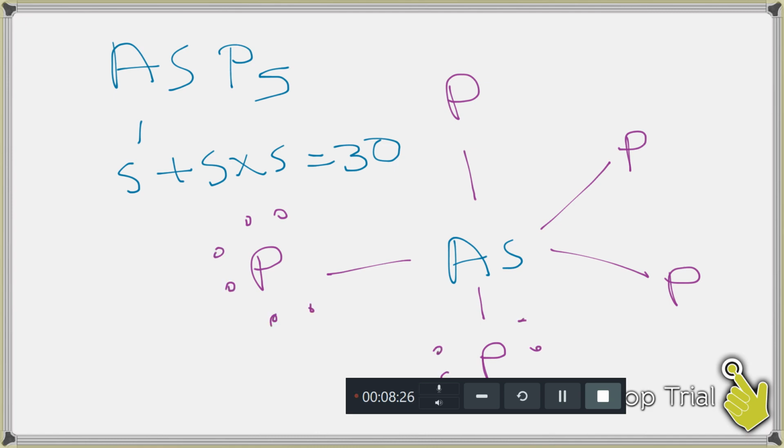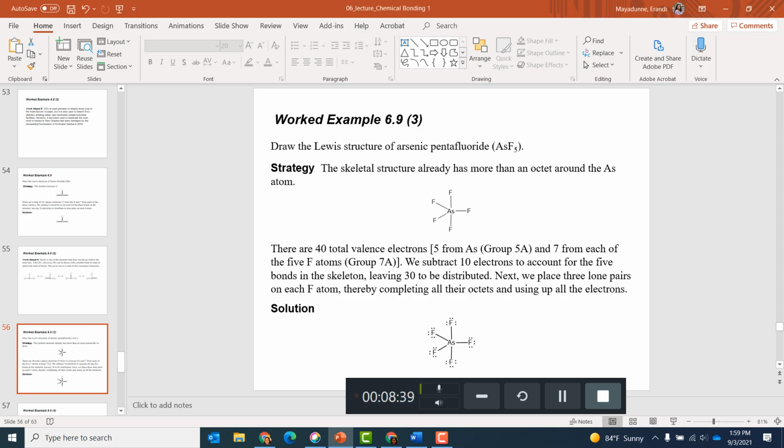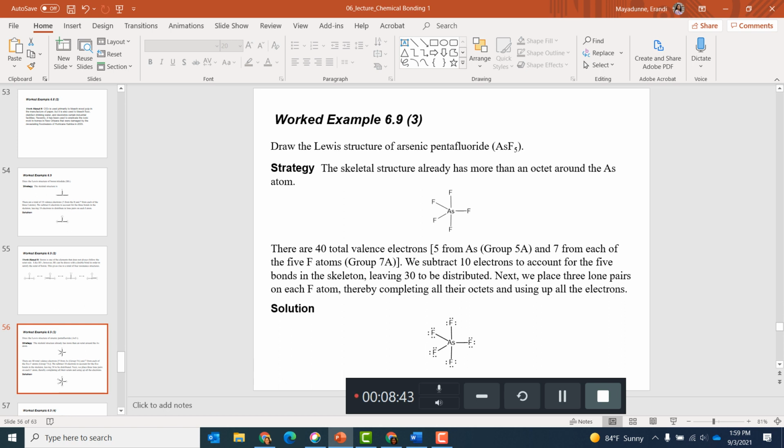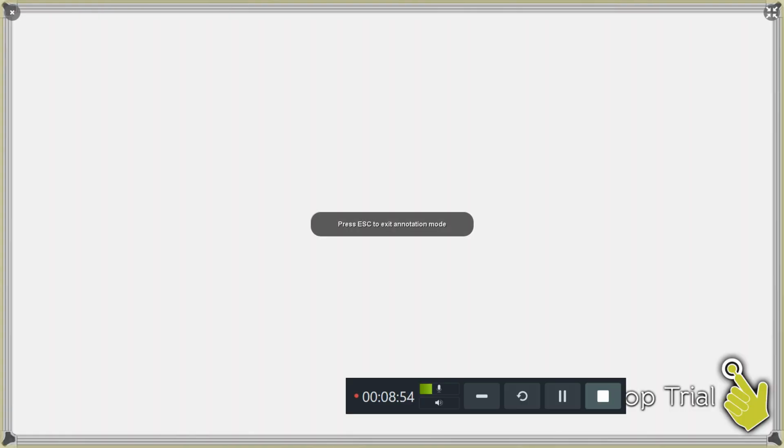So now it's 8 times 5, it has 40. 40 total. I'm sorry, I made a mistake here while calculating valence electrons. I just want to show you my mistake.